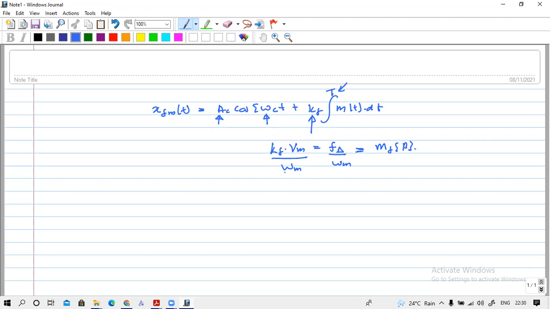Also we know that the frequency deviation refers to how much our modulated signal is shifted from the carrier signal.